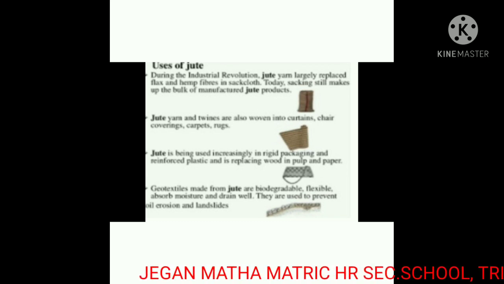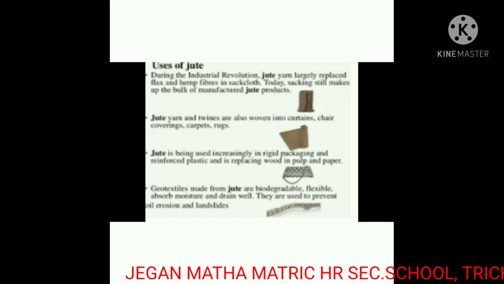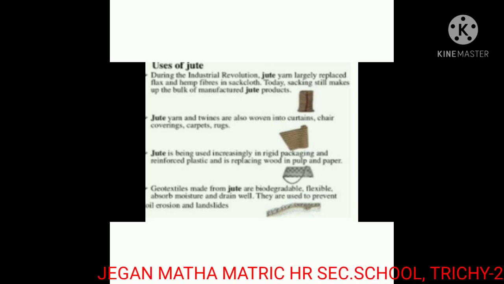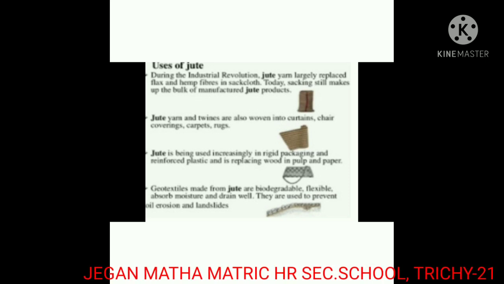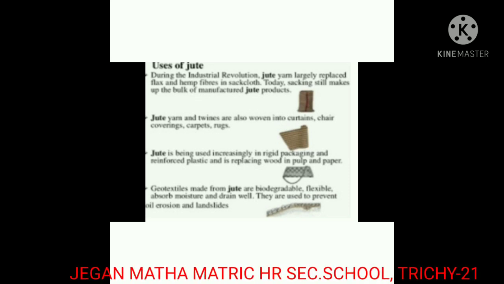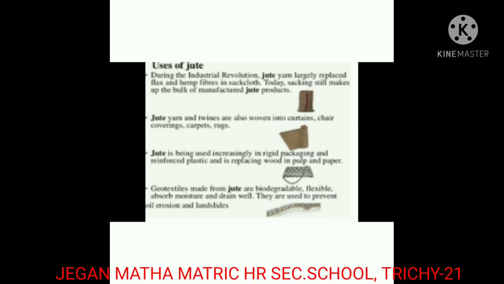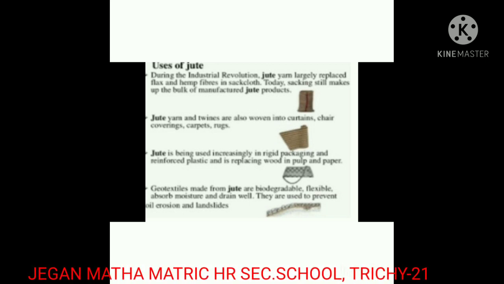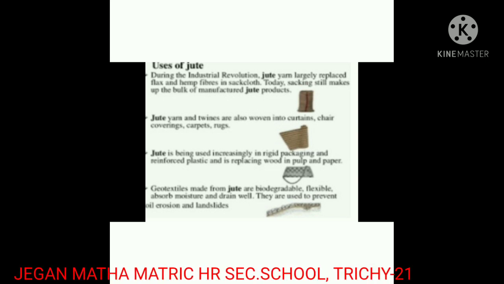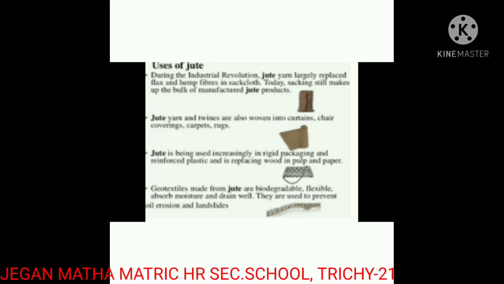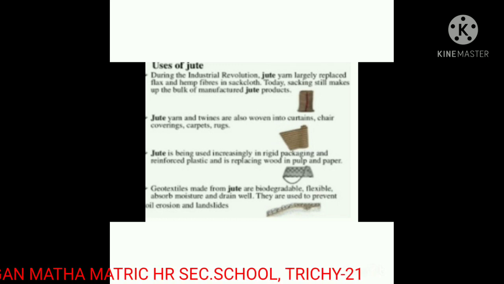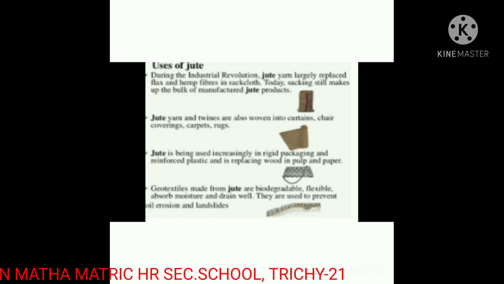Jute yarn and twine are also woven into curtains, chair coverings, carpets, rugs. Jute is being used increasingly in rigid packaging and reinforced plastic and is replacing wood in bulk and paper.